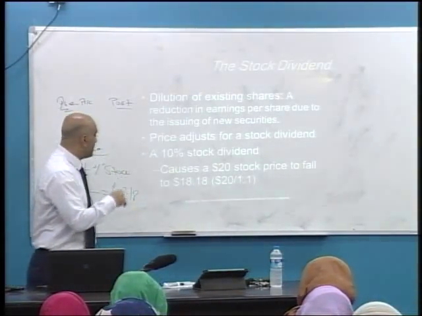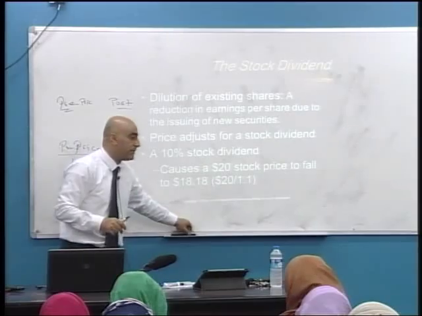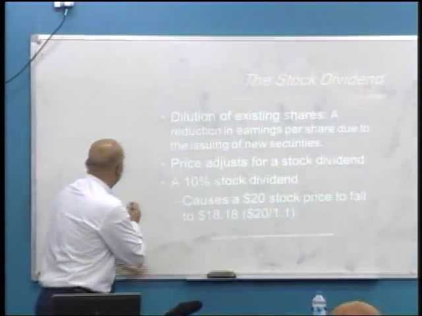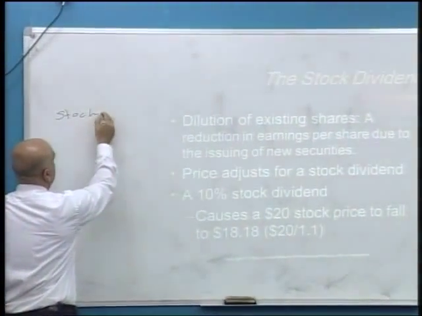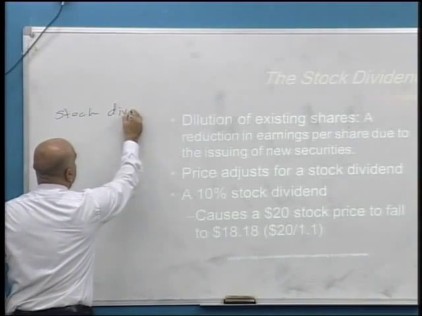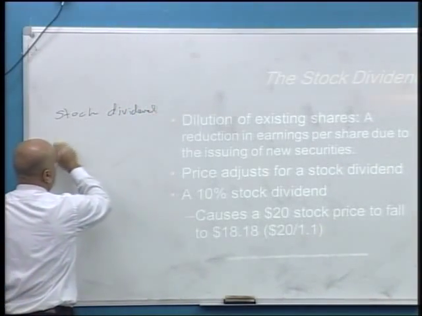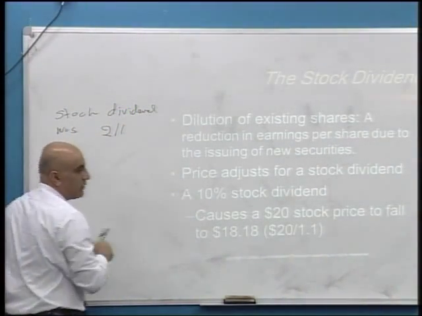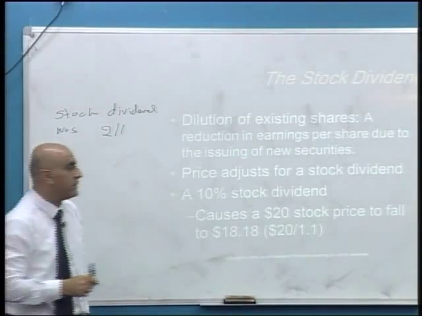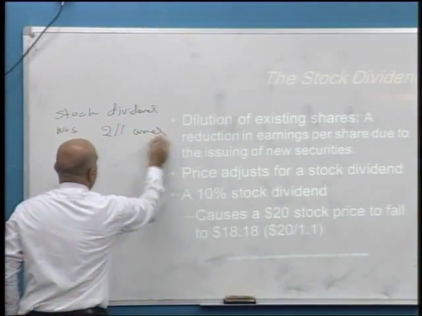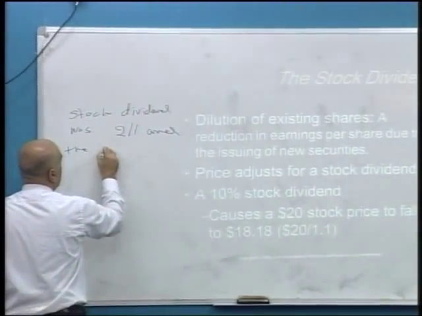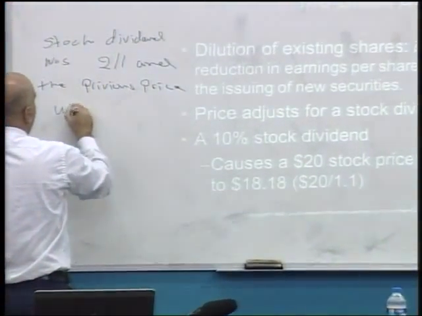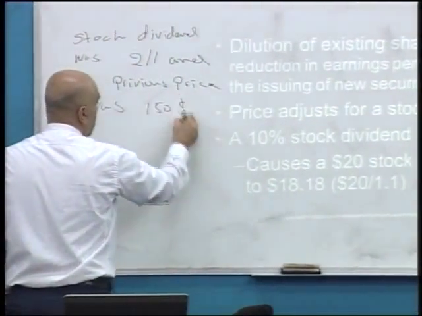Okay, let's take another example to see how things go. If a stock dividend was 2-1, I will explain what this means. And the pre-price, or the previous price, was $150.